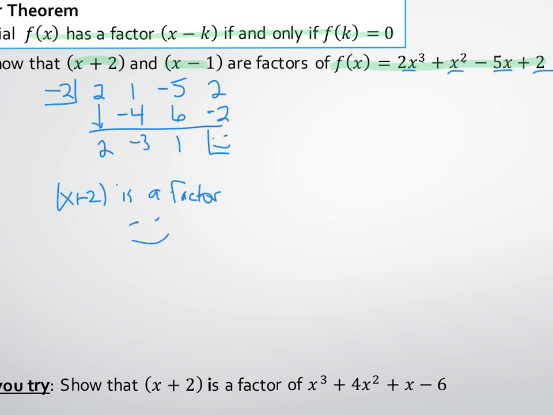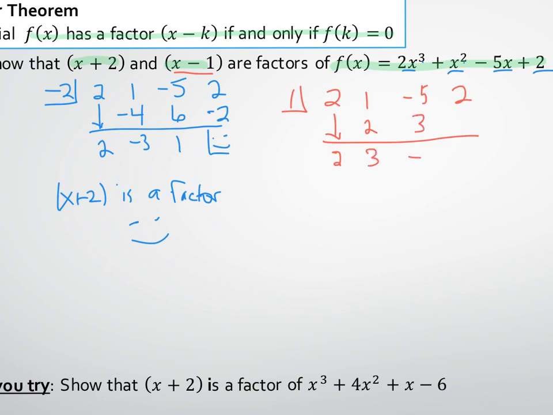Okay, we're going to do the exact same thing for x minus 1. If I have x minus 1, that means 1 goes into our box, and we're going to drop down our coefficients. And we're going to follow the exact same process. Drop down the 2. 2 times 1 is 2. 1 plus 2 is 3. 3 times 1 is 3.